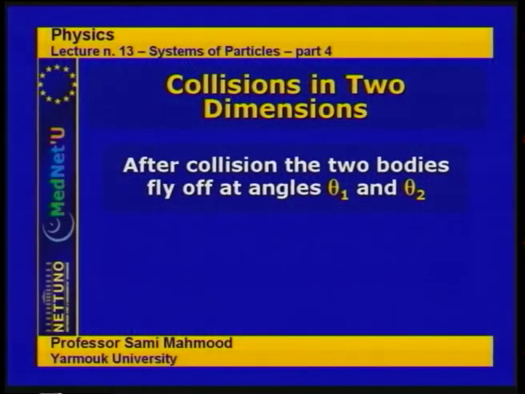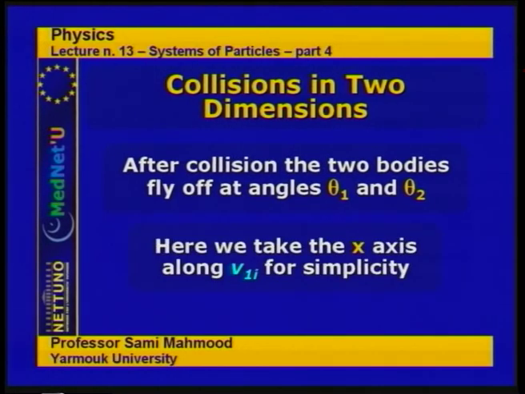We consider this problem after the two objects collide. We assume that the two objects fly off with angles θ1 and θ2 respectively after collision, and here we take the x-axis along the initial direction of the velocity v1 initial.